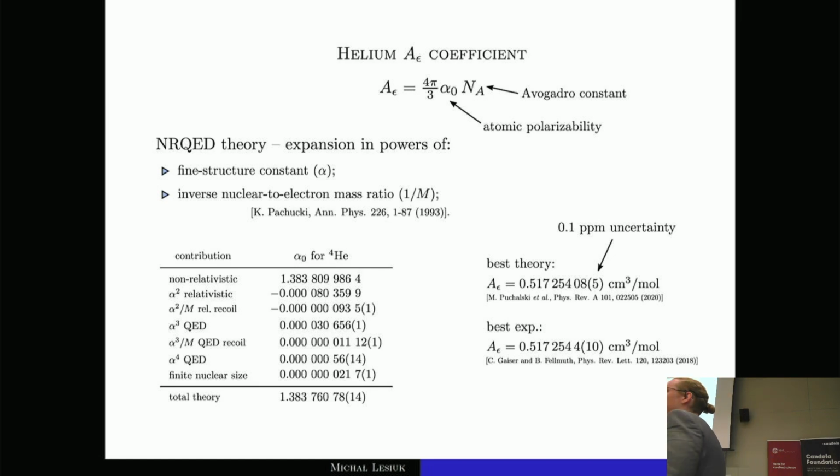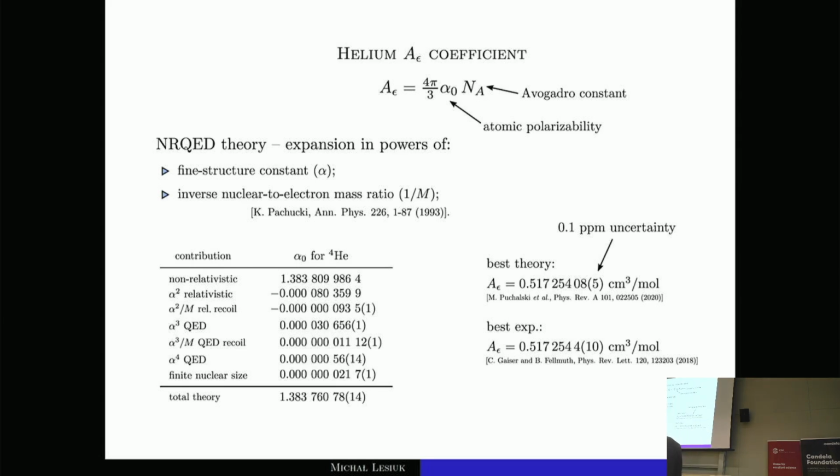Since 2019, the Avogadro constant is just a number fixed forever. You no longer measure it. It's just a constant of nature. So we don't have to worry about this. You just take it from the book. Pi is also known to sufficient accuracy. So what you need is just the atomic polarizability of the gas.